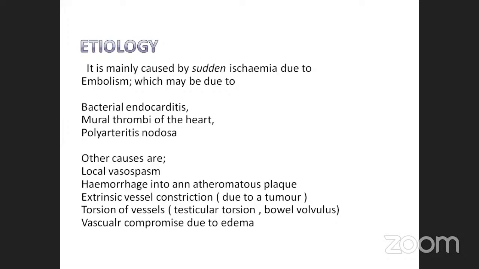Other local causes at the organ level are vasospasm or hemorrhage into an atheromatous plaque causing thrombosis at that site, or the vessels supplying that organ being constricted from outside, maybe due to an enlarging tumor mass, or one of the common things we know, torsion of the vessels.